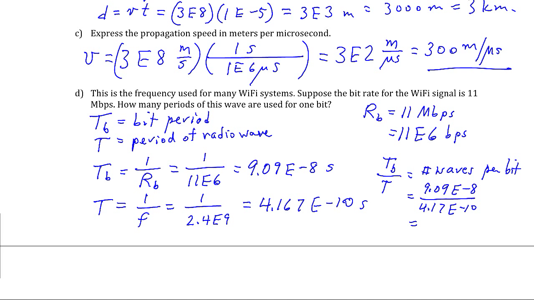And if I put that in on my calculator and calculate it, I'm going to get 2.18 times 10 to the 2, or 218. And what that means is that as this radio wave is going, it takes 218 cycles of that radio wave in time.